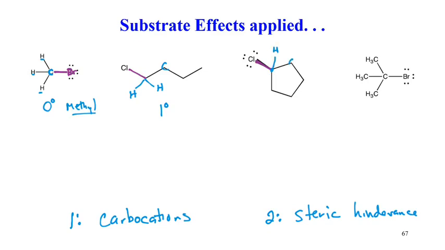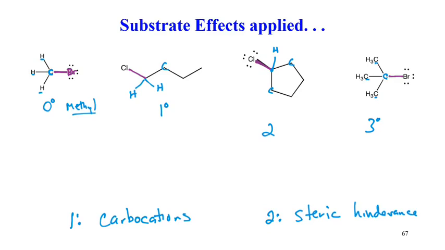It's connected to 2 carbons, so it's secondary. The last one has 3 carbons connected, so tertiary. Once we discuss these 4, I'm going to make a modification to a couple of these that we will then explore beyond zeroary, primary, secondary, tertiary.